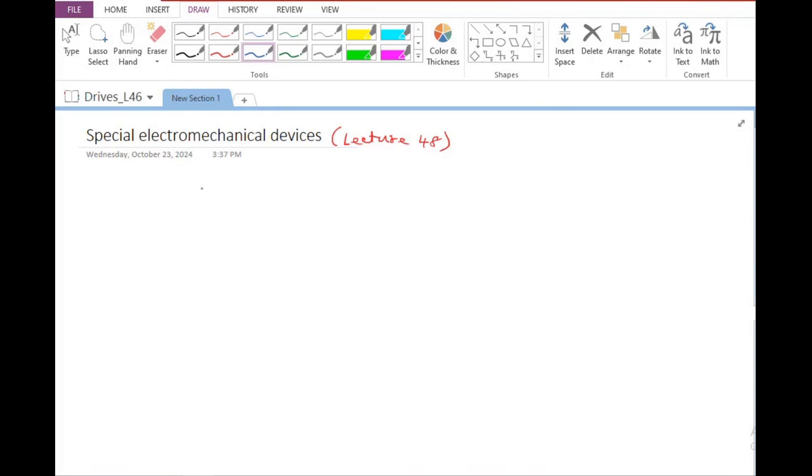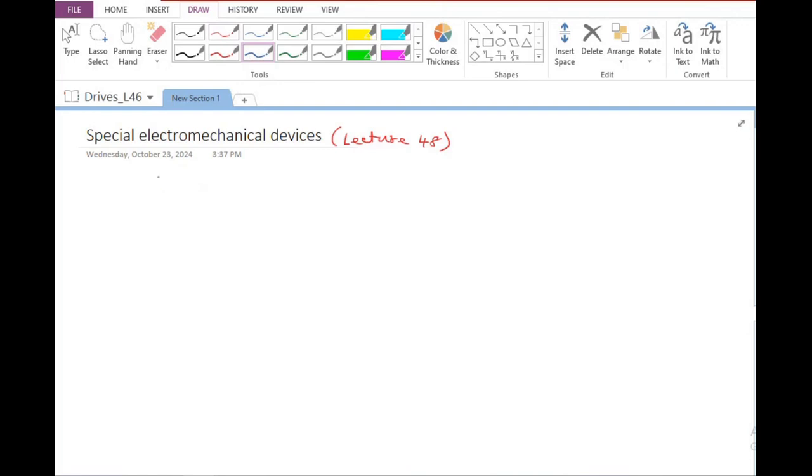The major difference is that conventional electrical motors like DC motor, induction motor or synchronous motor can all run without a power electronic converter. Whereas the special electromechanical devices that we are going to discuss today cannot run without a power electronic converter. So the power electronic converter becomes an integral part of this special electromechanical device.